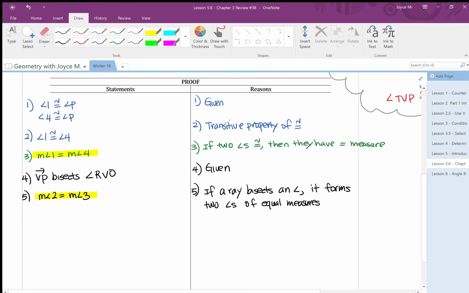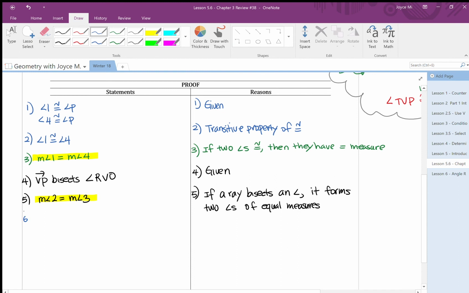So next piece, I say, well, number 6, measurement angle 1 plus measurement angle 2 is equal to measurement angle 4 plus measurement angle 3. That is number 6. And we say we're basically adding an equal measure to both sides of equation.